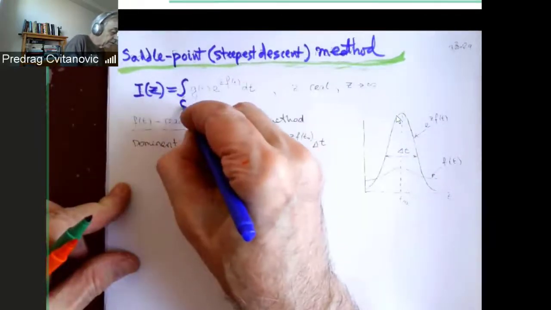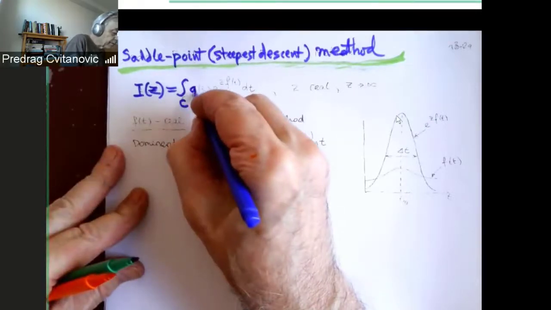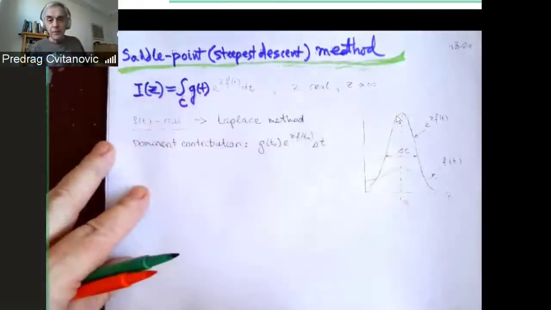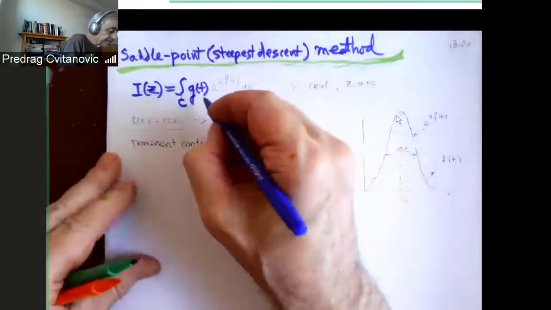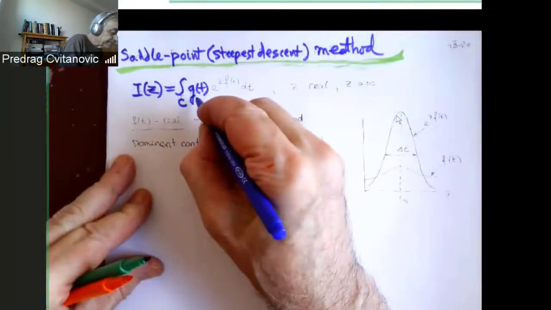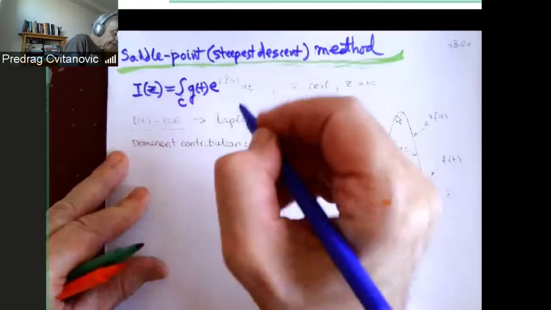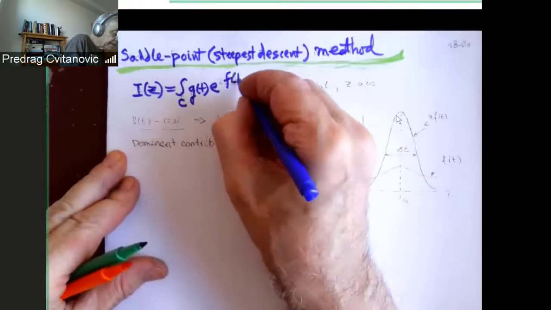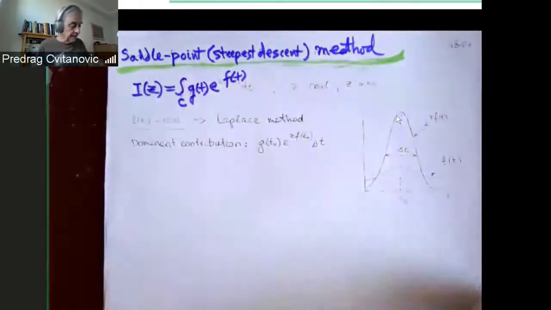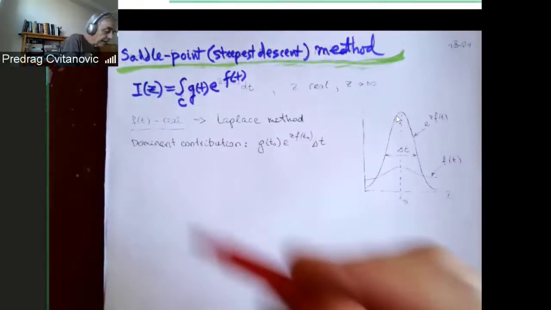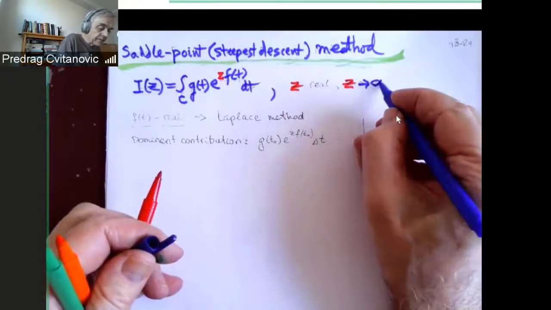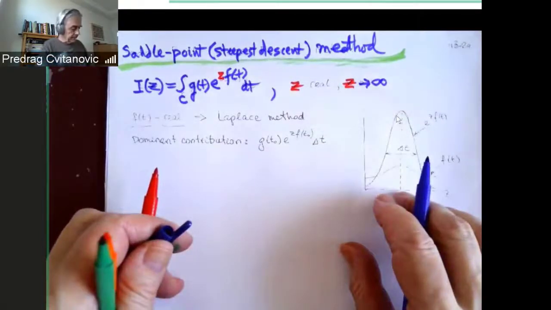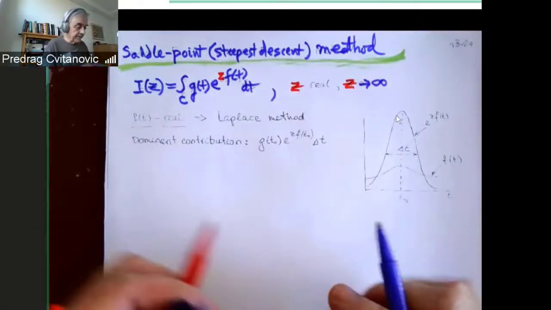If you have some kind of contour in complex plane, and you have two functions, let's say polynomials, some nice holomorphic functions of t, and then there's another function, f(t), and your parameter z shows up in the exponential here. You will be interested in large values of this parameter, because that's typically what we do in asymptotic integrals.